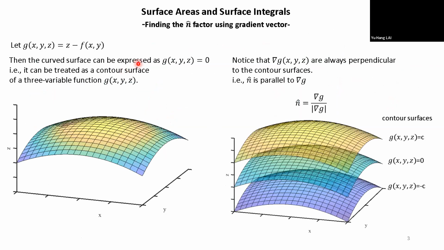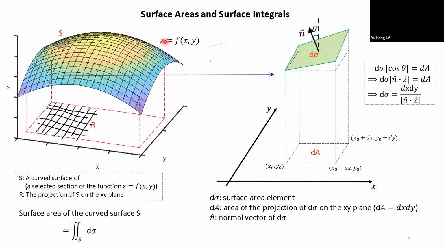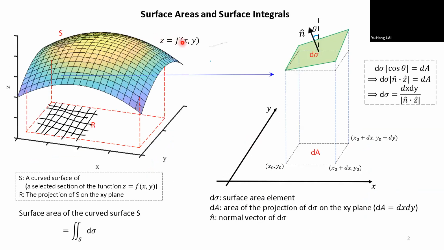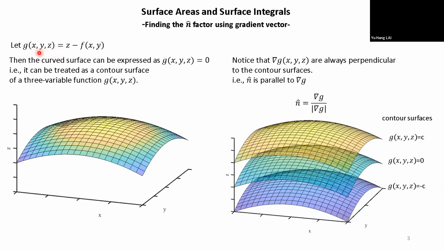What we are going to do is rewrite z equals f(x,y) in a slightly different form. I call this g(x,y,z) equal to z minus f(x,y). Then my z equals f(x,y) can also be expressed as g equals 0.